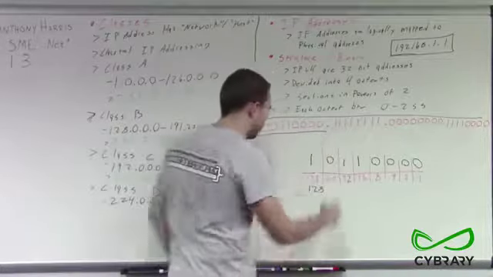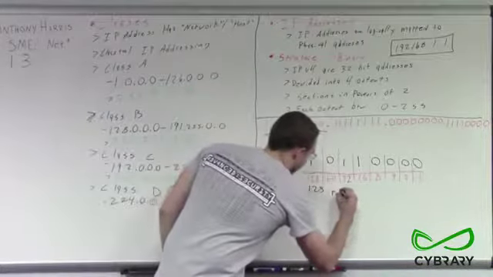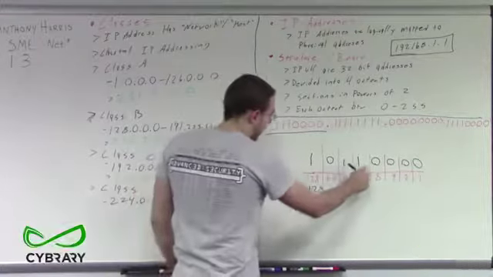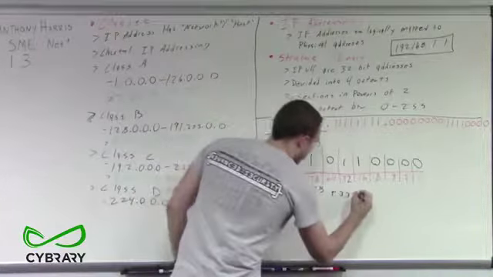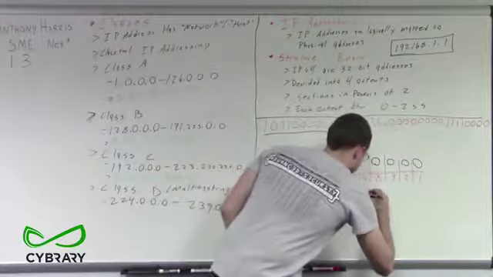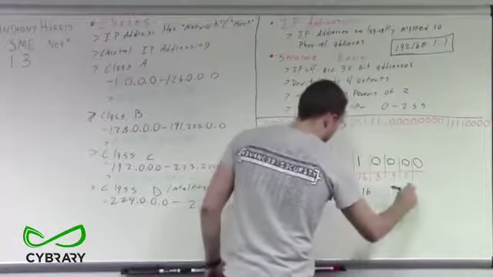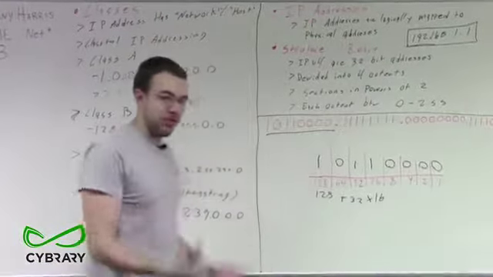We have an on in our 32 place, so now add 32 to our 128. Now we add 16 because we have an on in our 16's place. And then the rest are zeros, so plus 0, plus 0, plus 0, plus 0, but we don't have to show those.